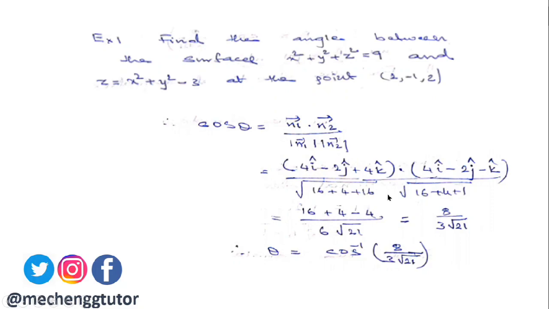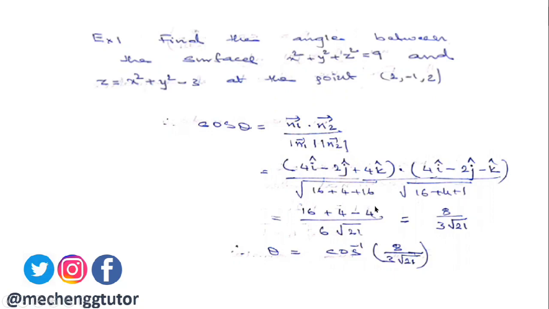4 into 4 is 16, minus 2 into minus 2 plus 4, 4 into minus 1 minus 4 upon, this becomes 16 plus 16 is 32, plus 4 is 36. Root 36 is 6 and here it is root 21.